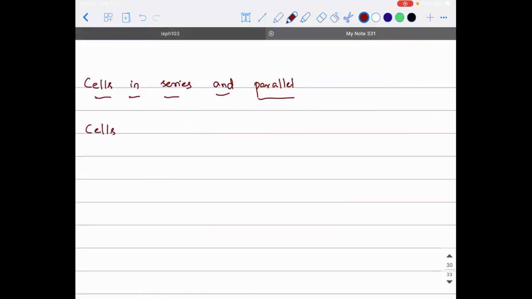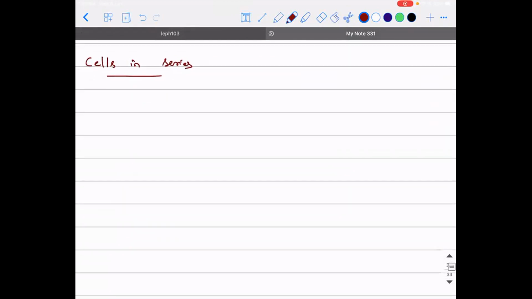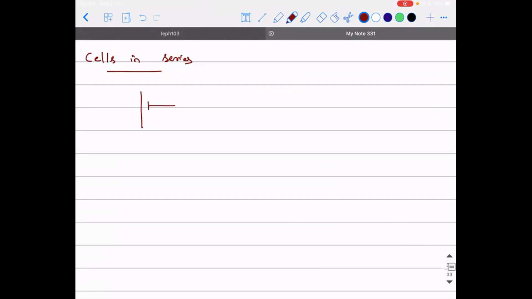So I'm going to talk about cells in series. When do you say the cells are in series? When the negative of the preceding cell is connected to the positive of the successive cell. When this kind of connection is made, that is what we call cells in series.